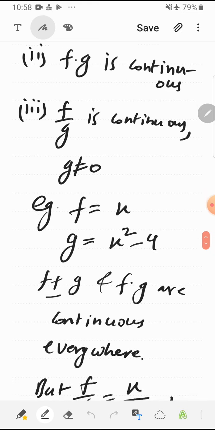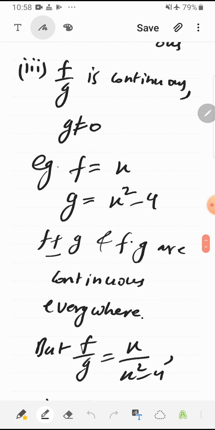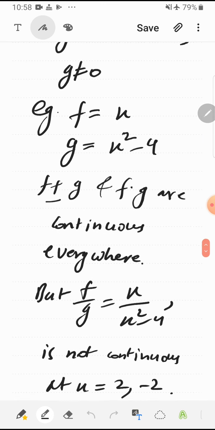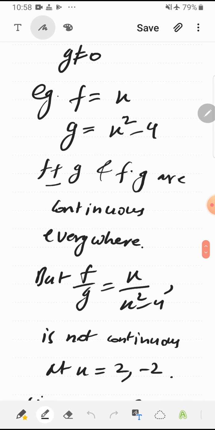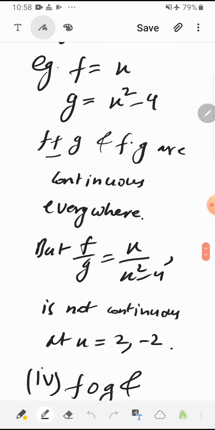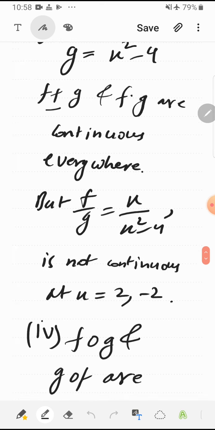But when I divide f with g, that means x upon x square minus 4, anyone can observe that minus 2 and 2 are the 2 points which make the denominator 0. So obviously it is not defined and not continuous at these 2 points. Apart from these 2 points, it is continuous everywhere. So we have to be very careful about the quotient of 2 continuous functions.